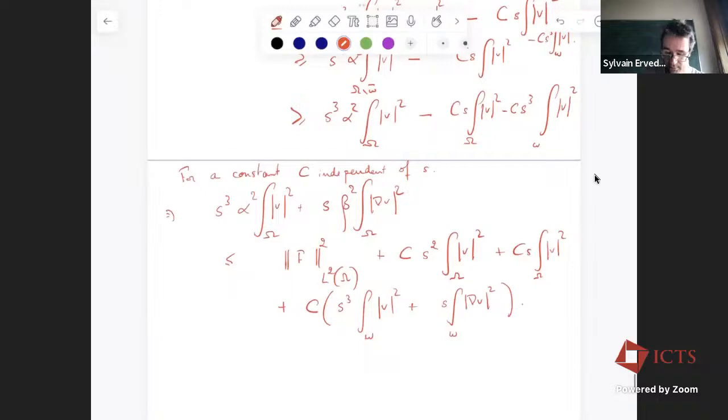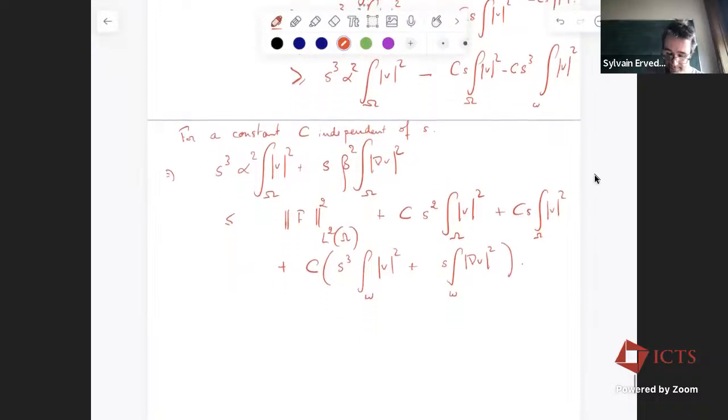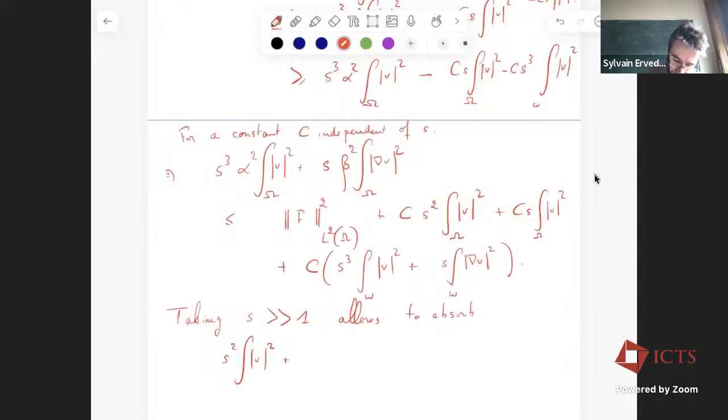Okay, so then you simply take s large. It will allow us to absorb the lower order terms on the right by the terms you have on the left. So it's alpha squared.